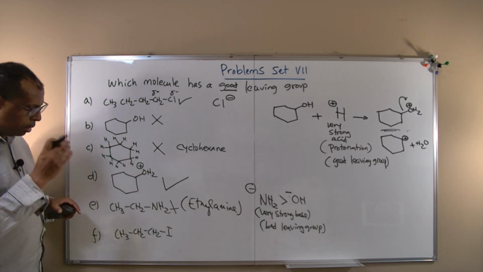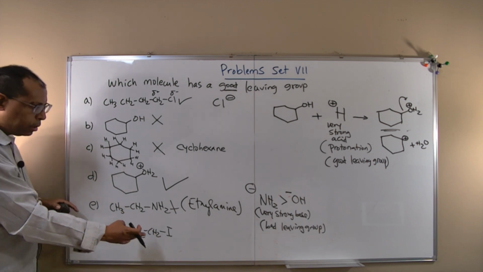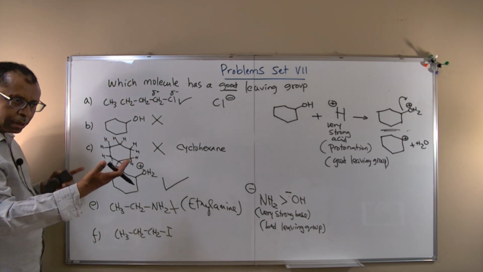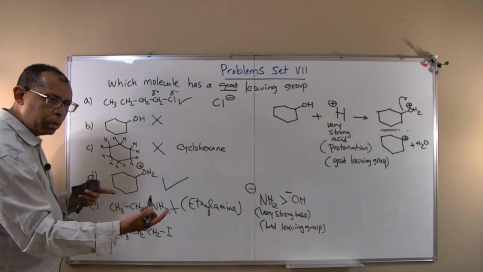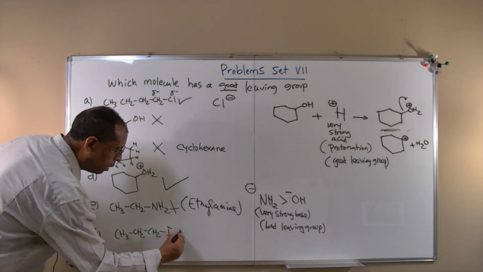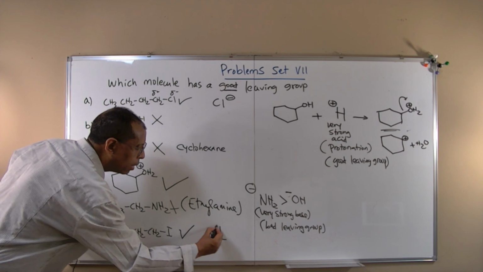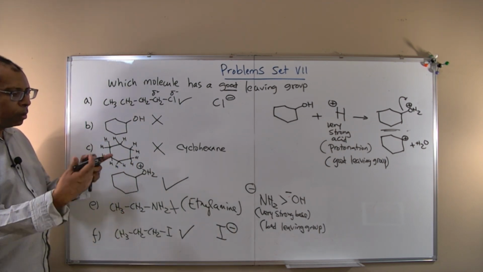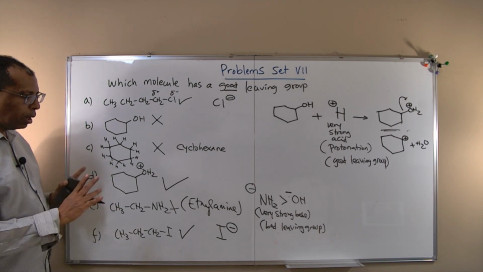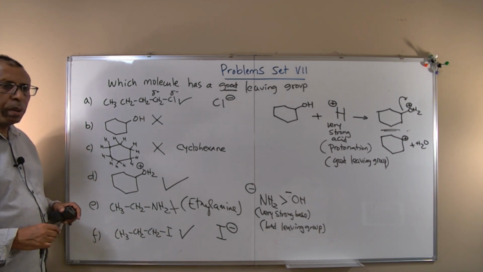And iodide, this is an alkyl halide. Almost all of the alkyl halides, we can use a certain nucleophile to substitute them because I minus is a good leaving group. It can be used as a nucleophile, or based on our conditions it can also be a good leaving group.